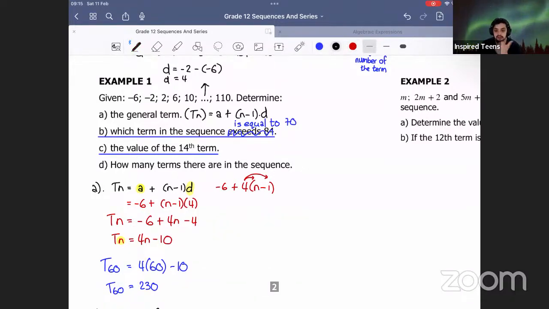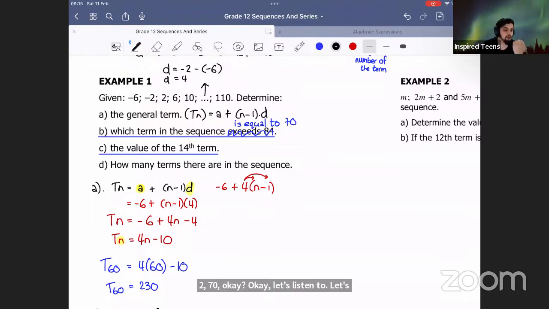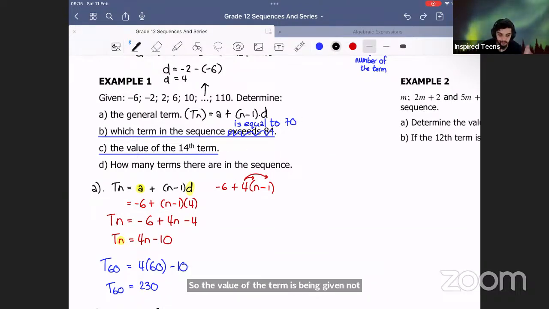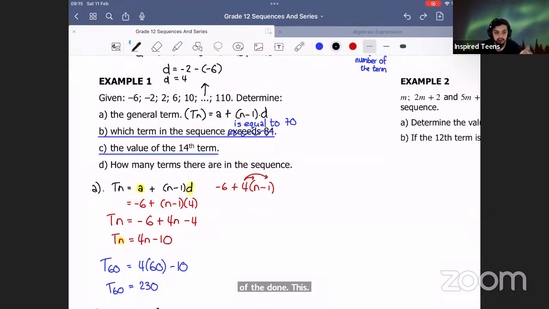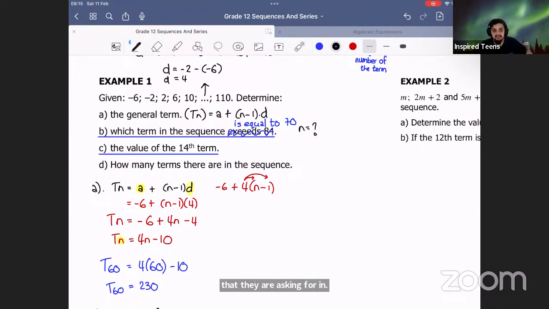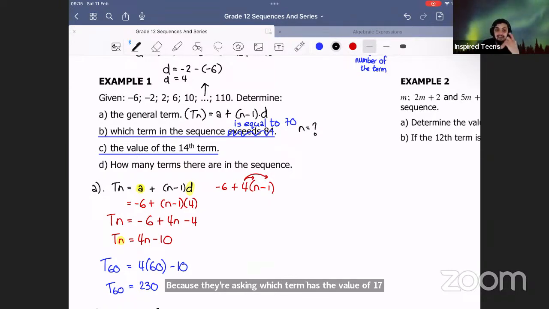Let's read the wording carefully. They are asking which term in the sequence is equal to 70. So the value of the term is being given, not the number of the term. They're not saying that this is T70. They are asking for n, because they're asking which term has the value of 70. So they are asking for n, and they're actually giving us the value of 70.